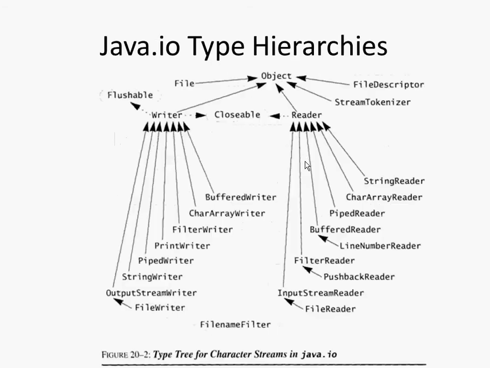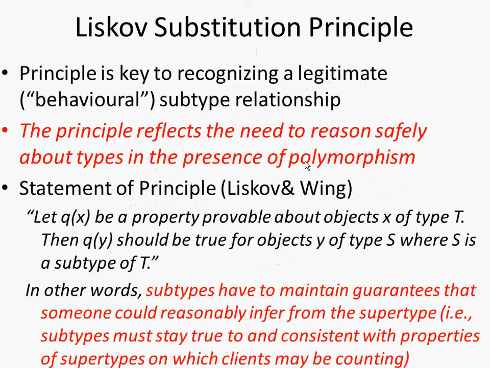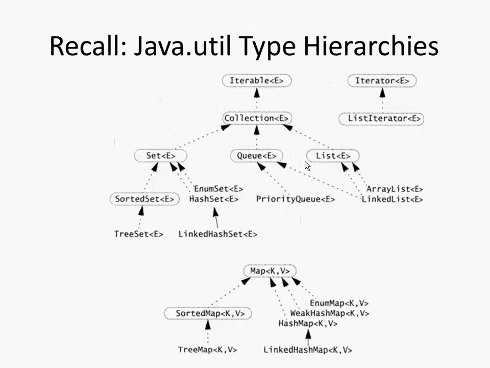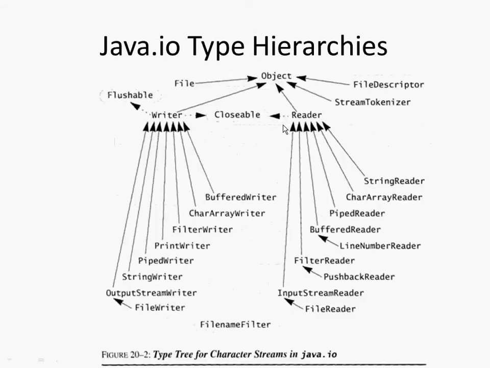Any property that you can prove about a supertype, you need to maintain for your subtype. If someone is going to look at the definition of the collection interface or the queue interface or any of these other interfaces that are shown here, a set or a list, they're going to come away with some impressions about what's guaranteed by that.